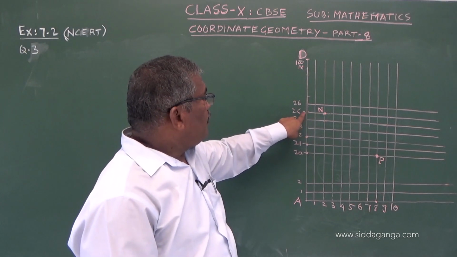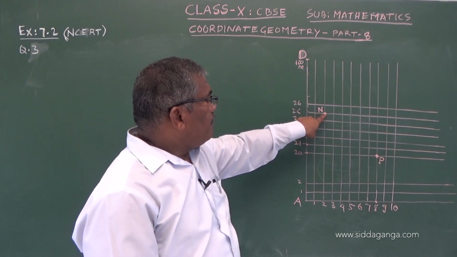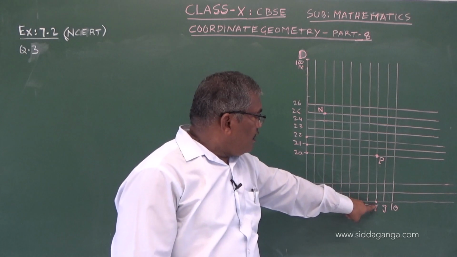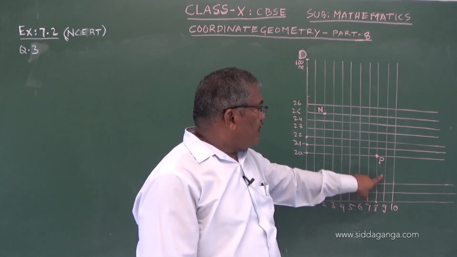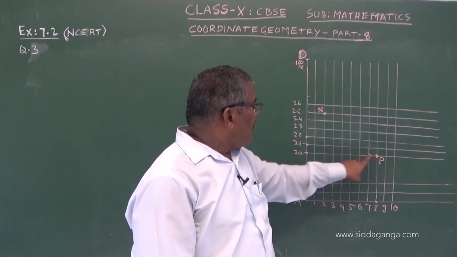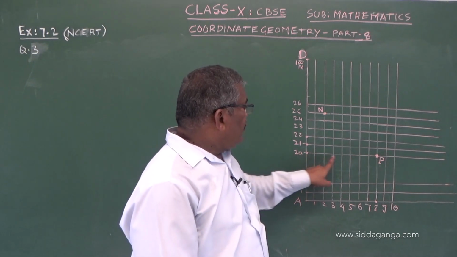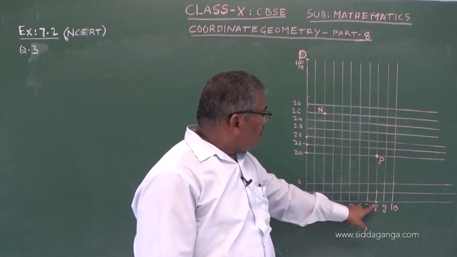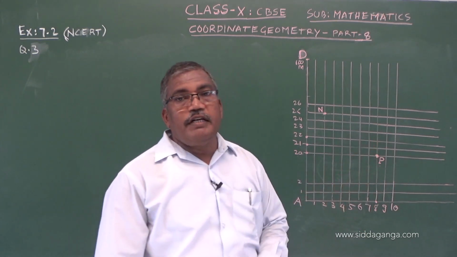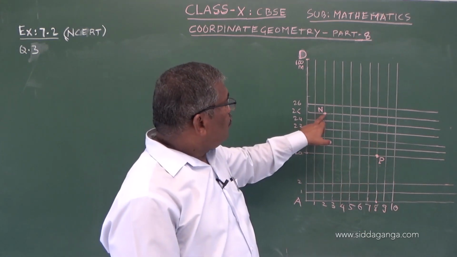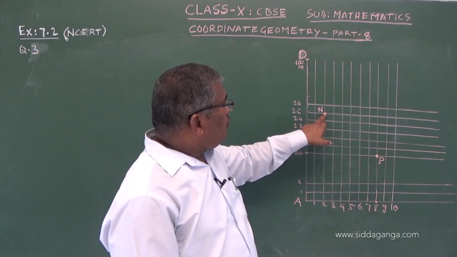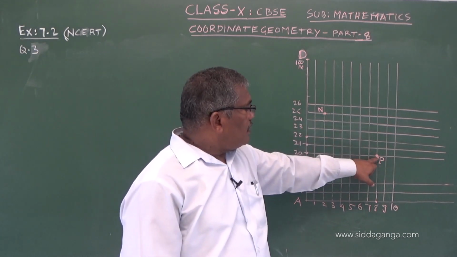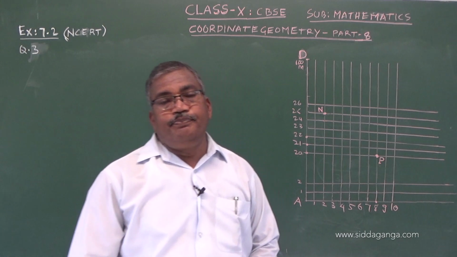So 25th flower pot, and she places a flag here. And in the 8th lane, another student, Preet, will go and she will move 20 meters, that is 1/5 of 100 in this vertical distance, and she will place a flag there. So now there are two flags, one at point N and another at point P.